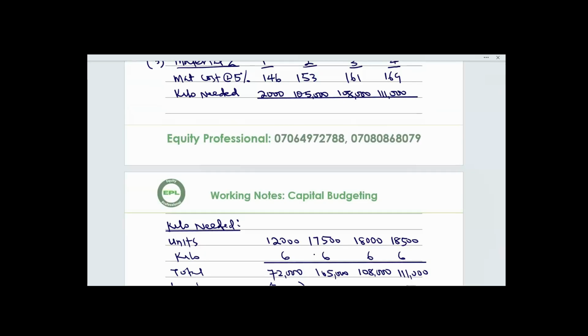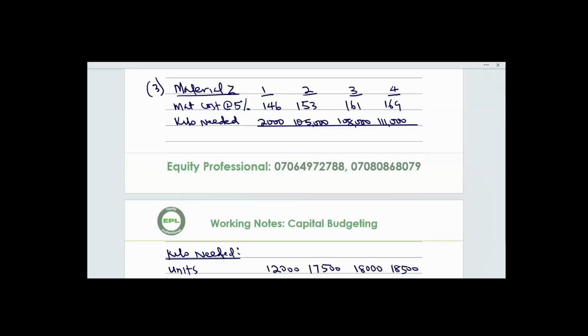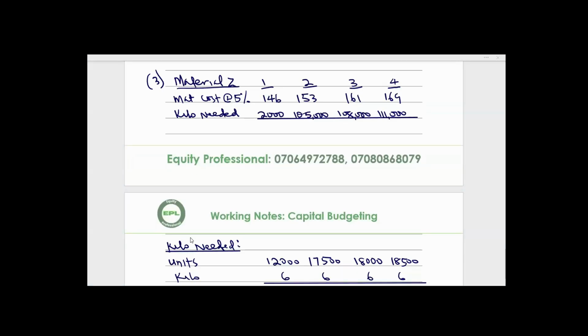When you multiply 146 by 2,000, that is 292,000. Remember, our figures are in million. So I would say total in millions. 292,000 is the same thing as 0.3 because our figures are in million.